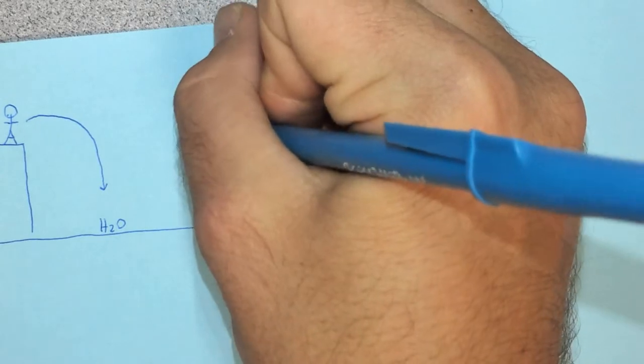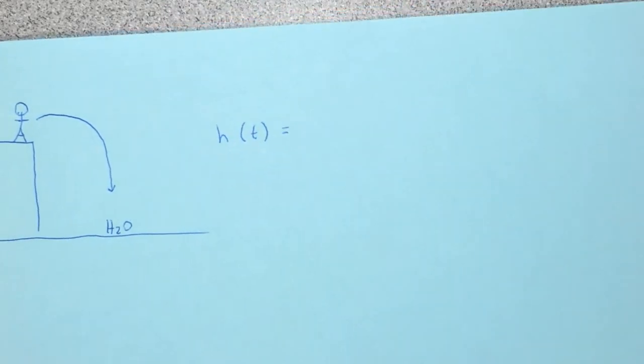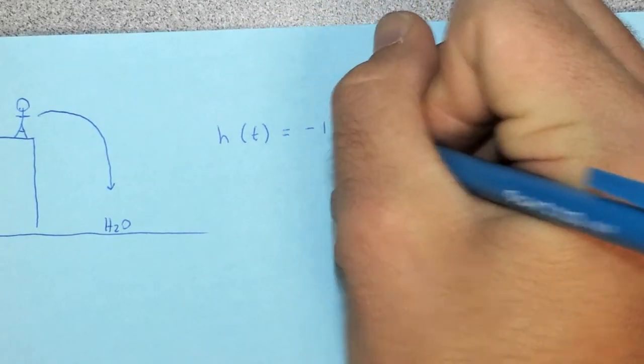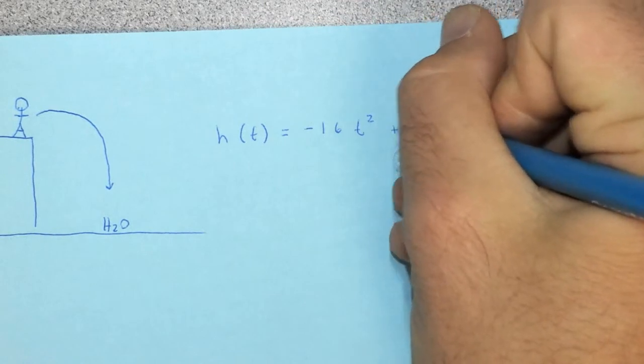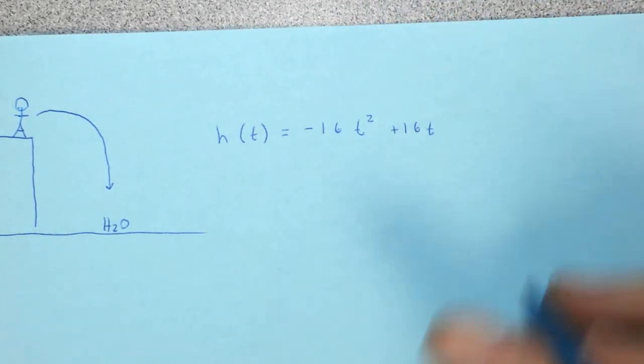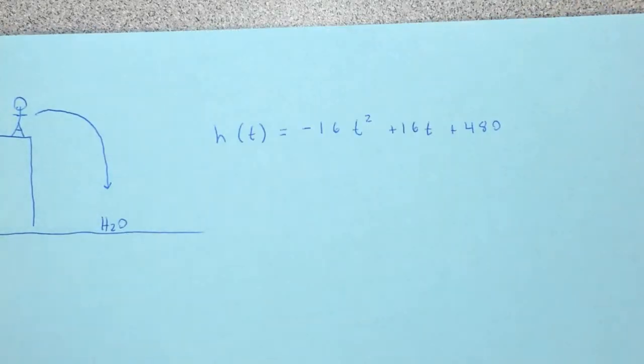Jason's height, his distance from the water, is given by this equation, negative 16t squared plus 16t plus 480.